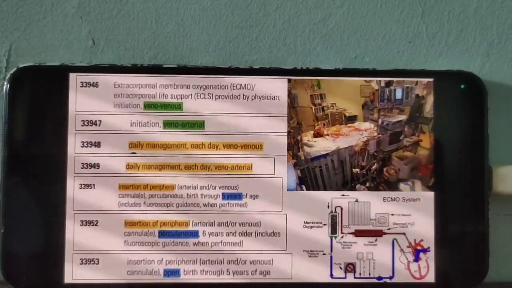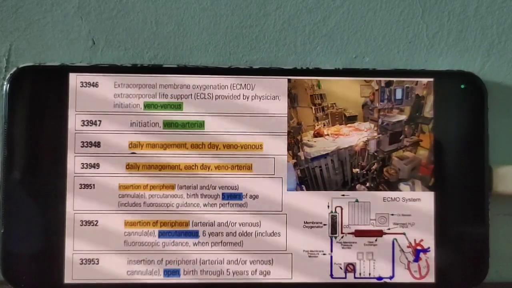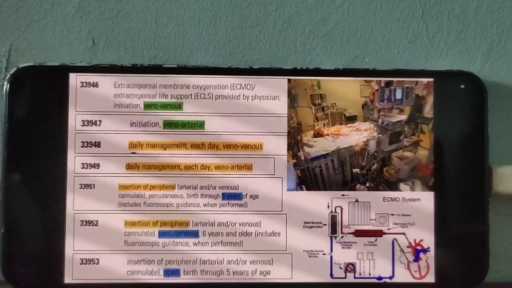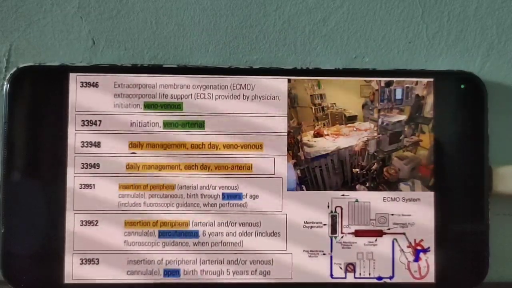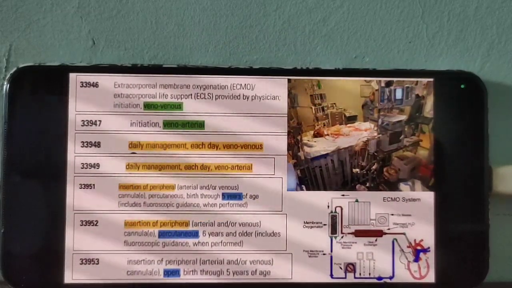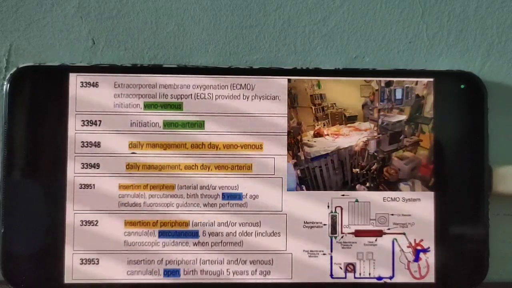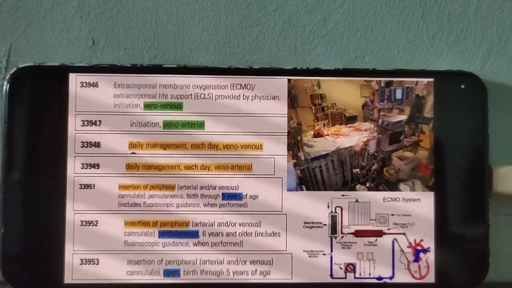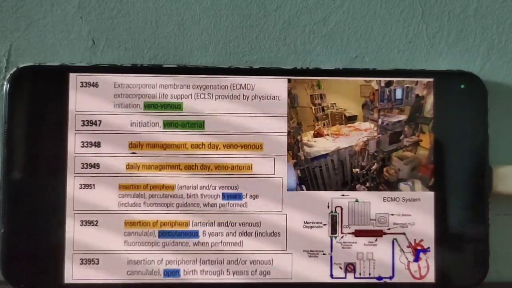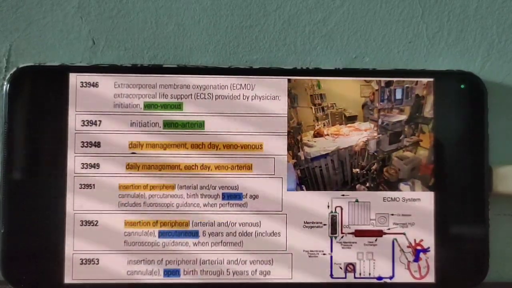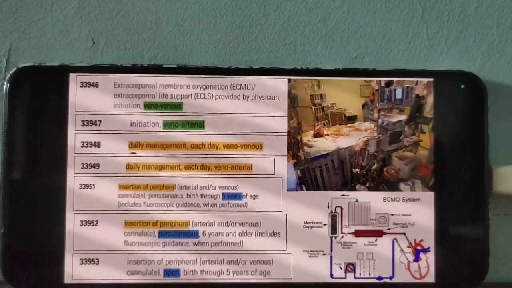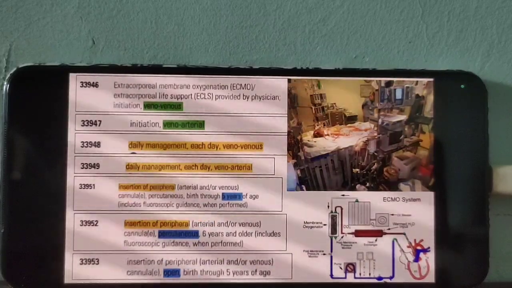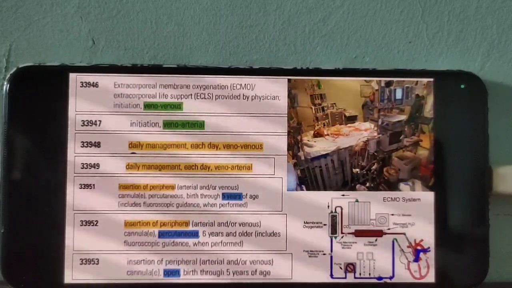It is used to externally insert a device for supporting the heart. It is like dialysis: when a patient suffers from heart failure, the doctor externally attaches a device for circulation.